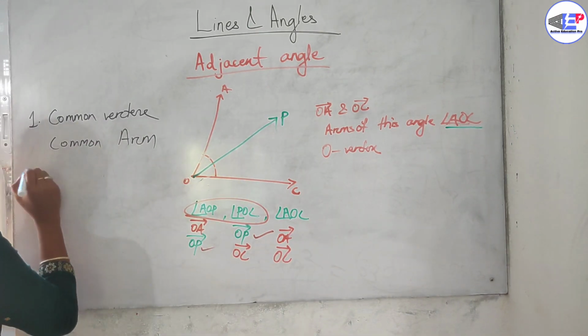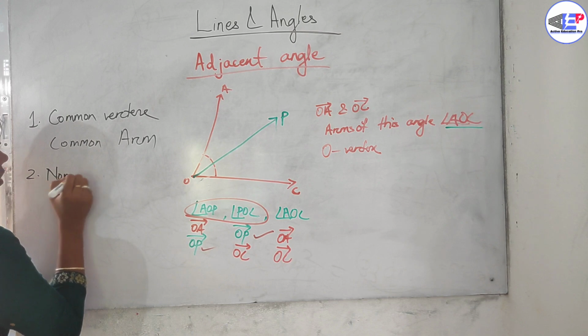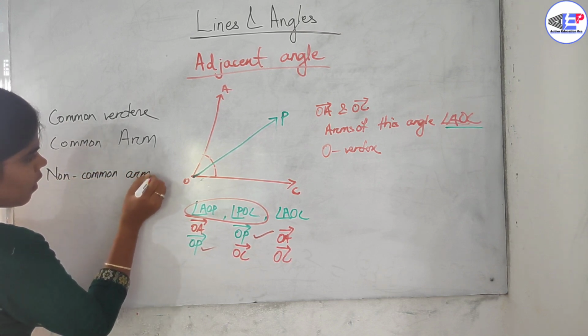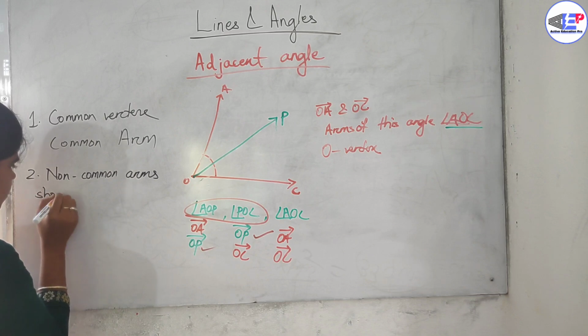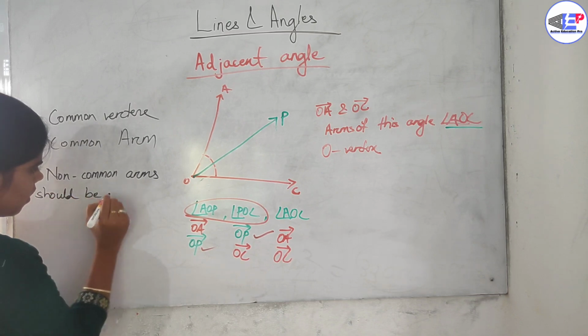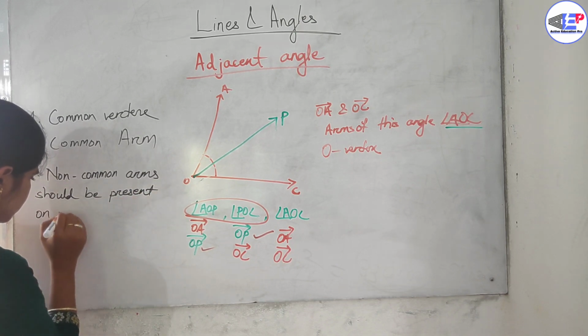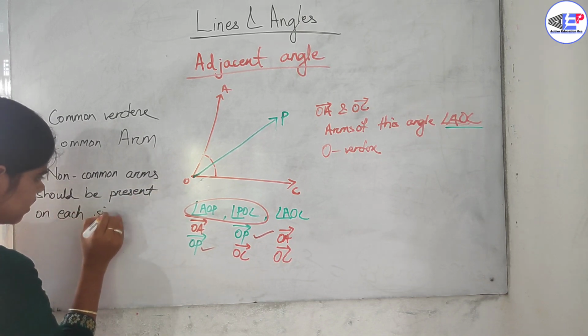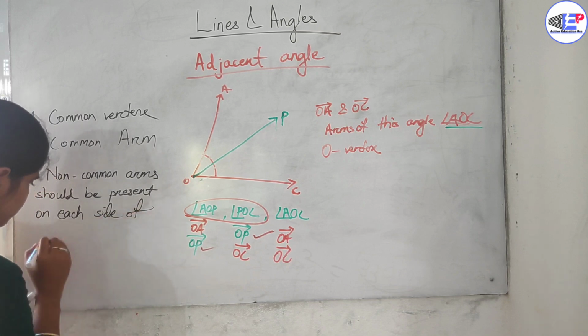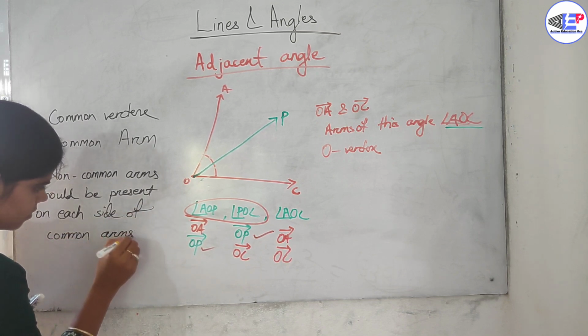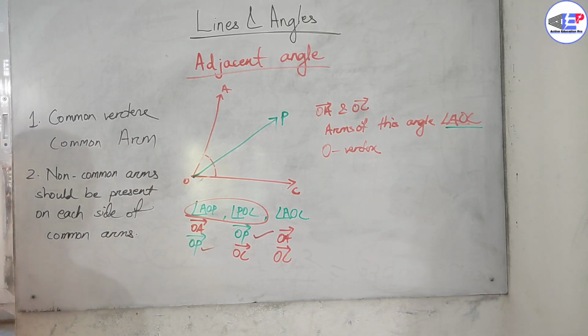Then the next condition is non-common arms should be present on each side of common arms. Look here, the first condition is common vertex and common arms.